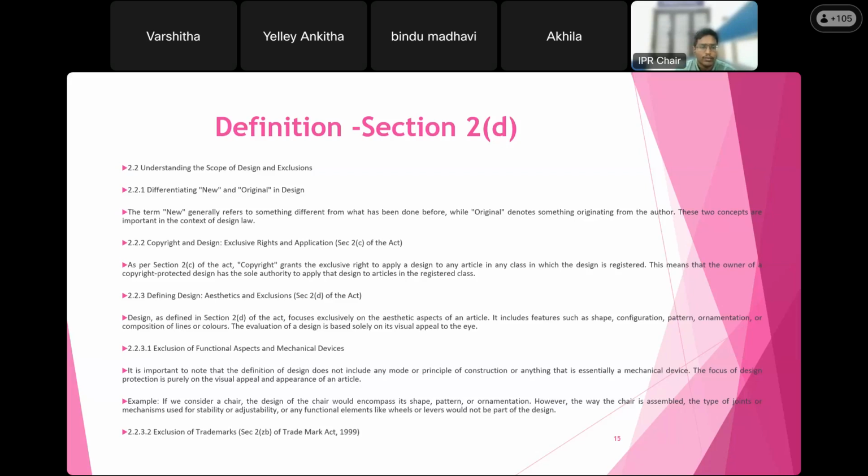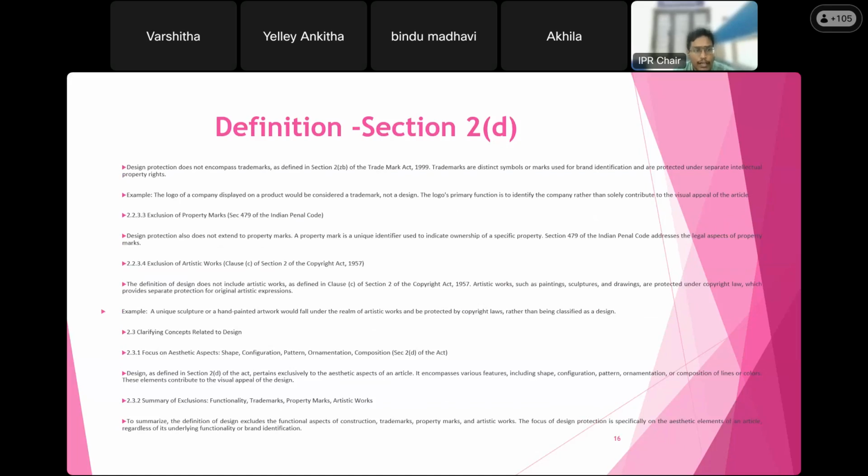Those exclusions I am discussing, and what is new and original, which is needed to register your design, and the other exclusions, what right you are going to get, what aesthetics means, and what is not protectable under the Designs Act. All of this comes under a single definition, that is called industrial design.